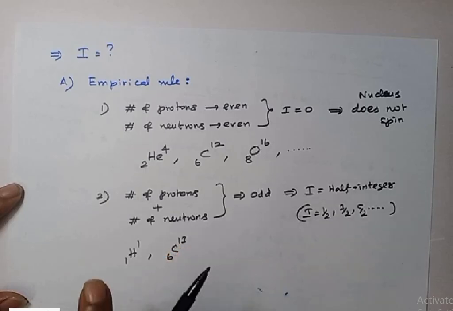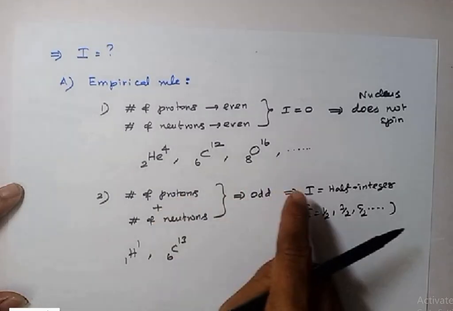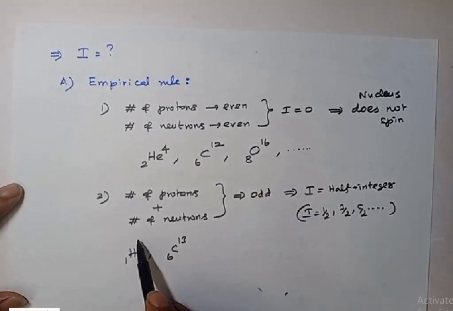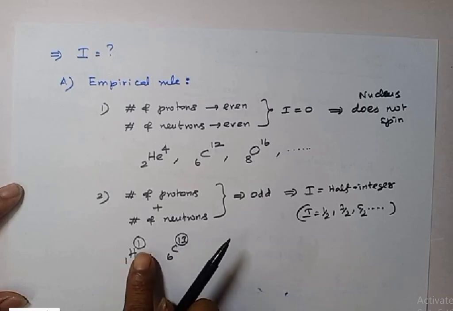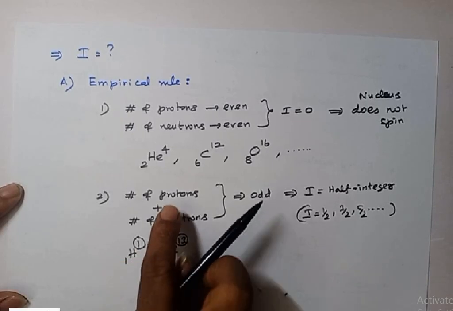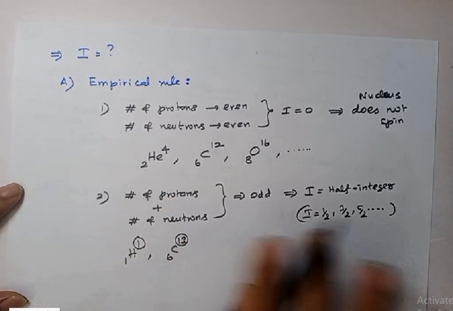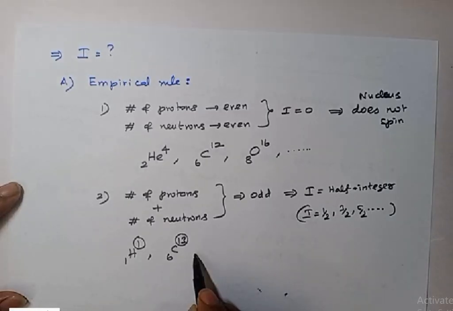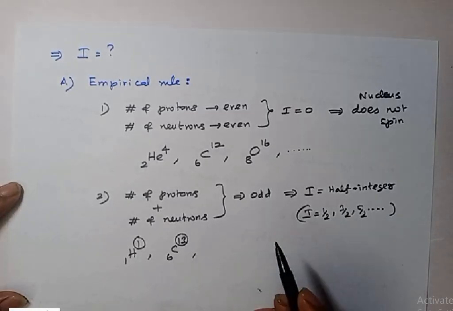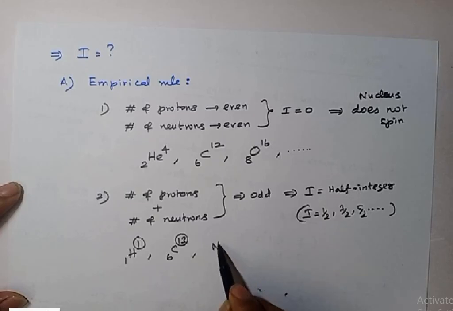So 6 plus 7 gives an odd number. Just see the mass number: if the mass number is odd, the sum of protons plus neutrons is odd. We have plenty of examples.